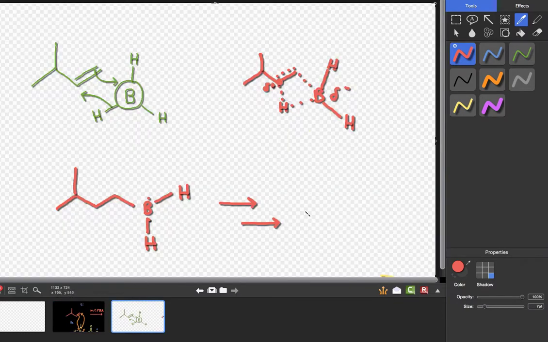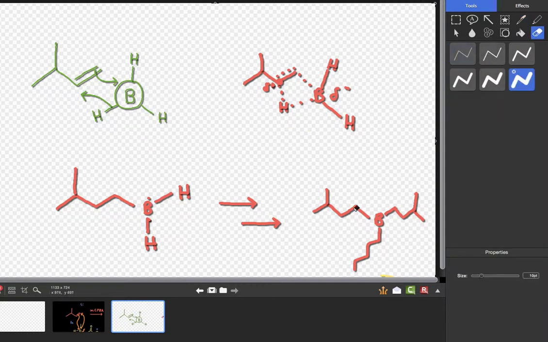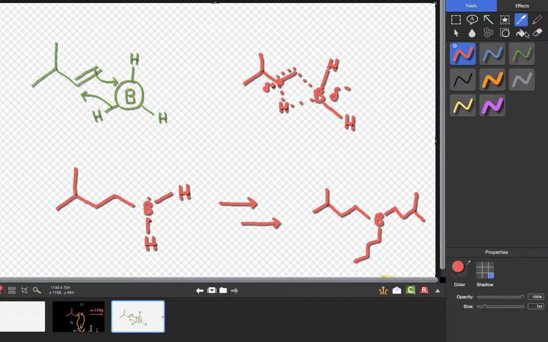So after this goes through 3 turns, I have a trialkyl borate.